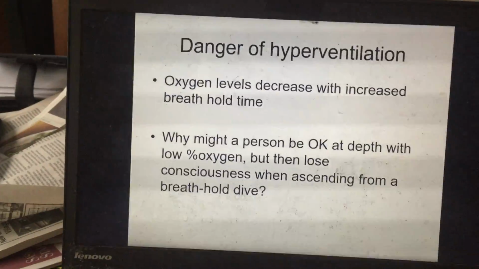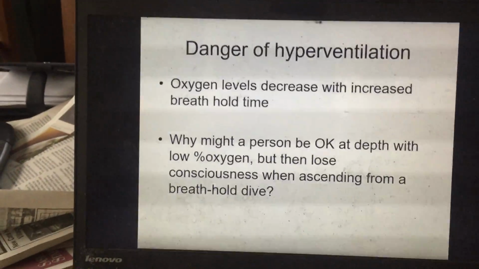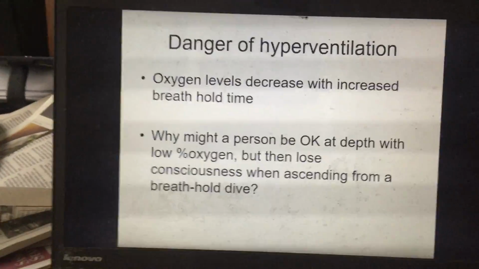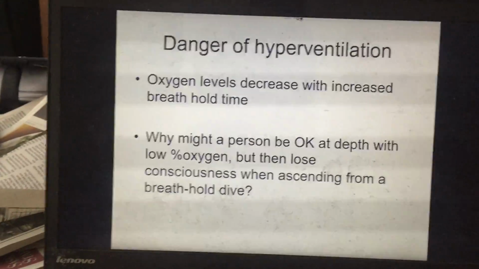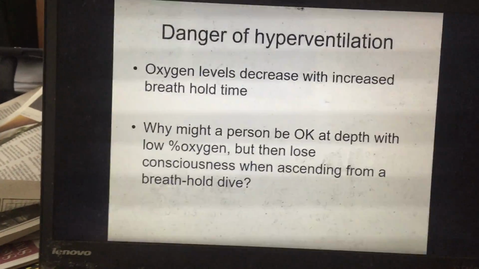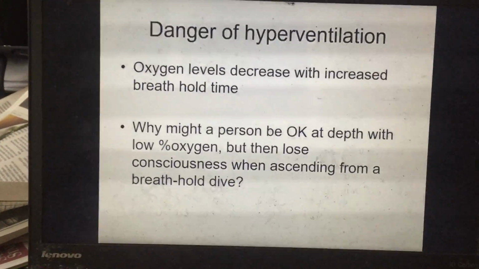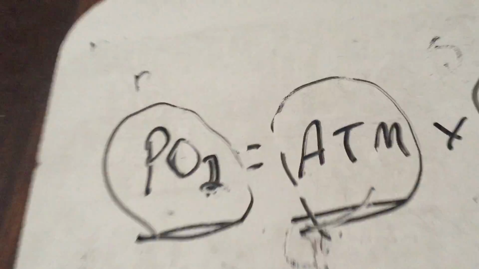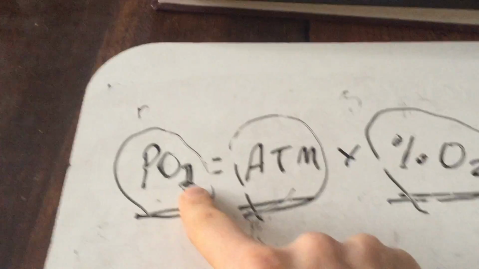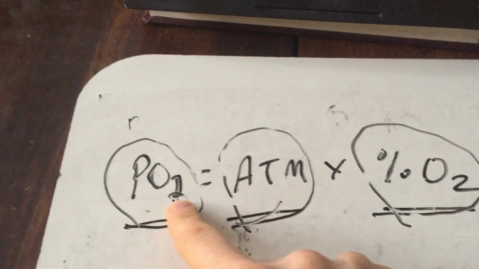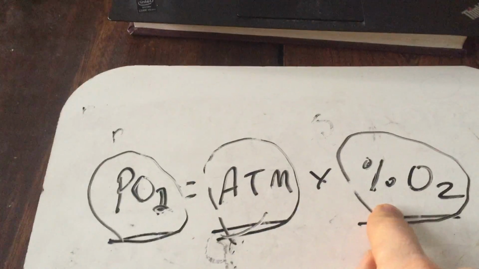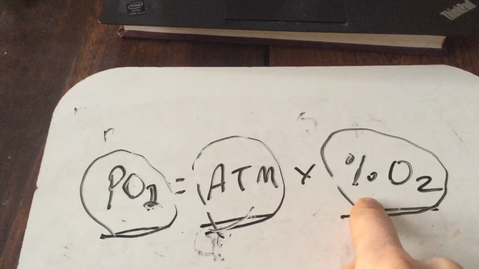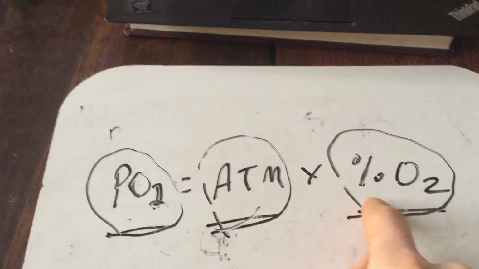But the hazard is that while you're holding your breath, the percentage of oxygen in your lungs and in your blood is rapidly decreasing as your muscles continue to use the oxygen. And this might be okay at depths, because recall that your partial pressure of oxygen in your lungs and your blood depends on your atmospheric pressure and the percentage of oxygen that's in your lungs and your blood.